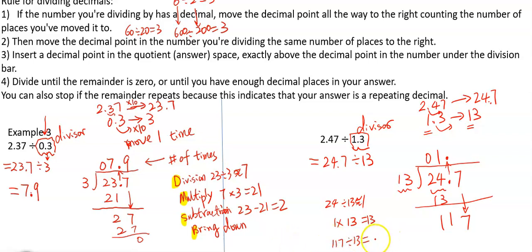So you can try 1 time, 2 times. 2 times 13 is 26. 3 times is 39. 4 times. And so you can do this on your scratch paper. So 1 time, of course, is 13. 2 times is going to be 26. And 3 times is going to be 39. Compared to 117, it's still way too small. And so we're going to try maybe 4 times and 5 times.